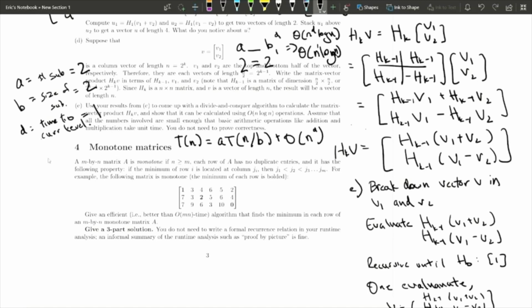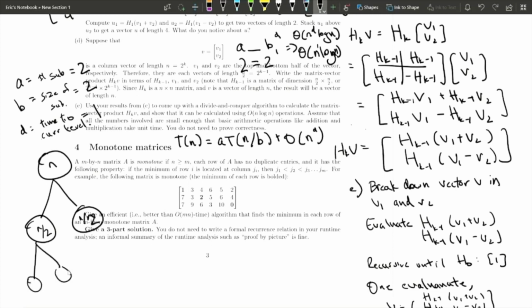Speaking of intuition, I do want to briefly cover the recurrence relation tree, because recurrence relations are essentially geometric sums, and I feel like understanding how it looks visually would give a deeper understanding of this question. So this is what the tree would kind of look like, all the way to the base case.